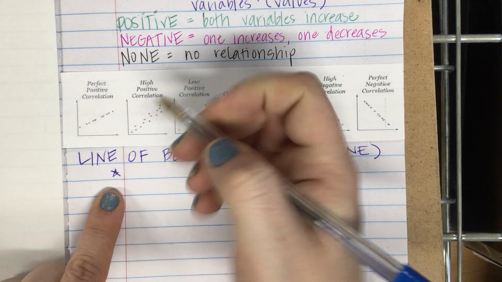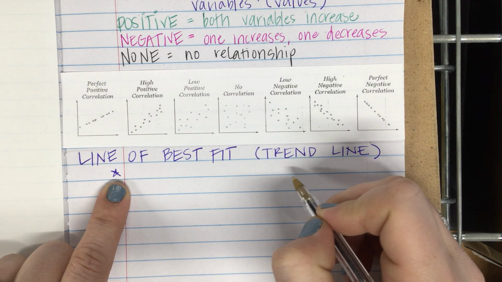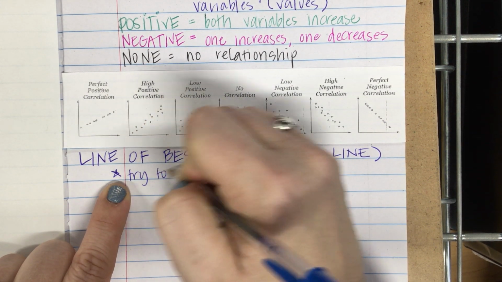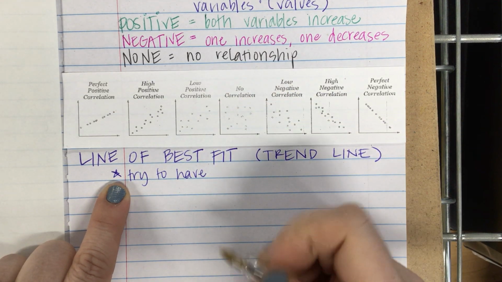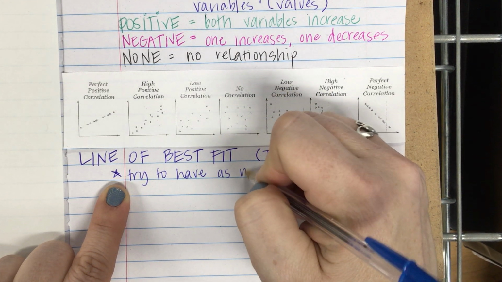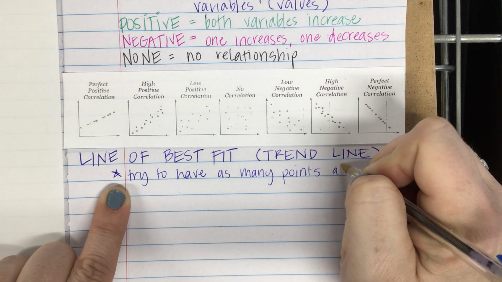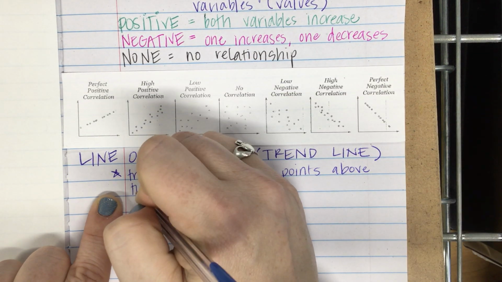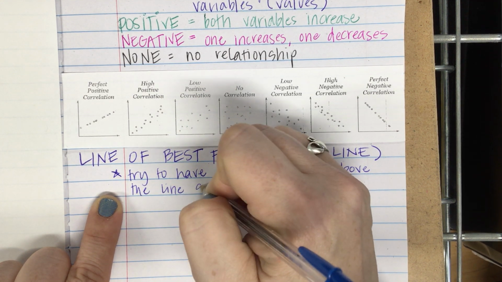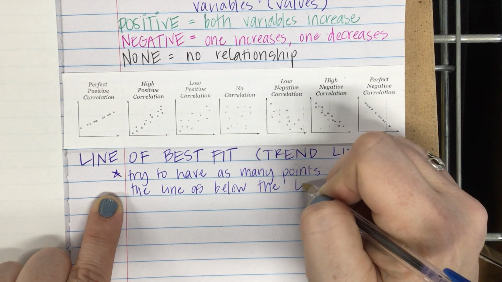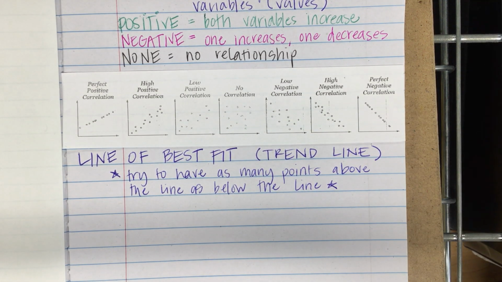The first thing we ask is that when you draw a line in your graph, you want to try to have as many points above the line as below the line. Do not just draw your line of best fit smack dab in the middle.